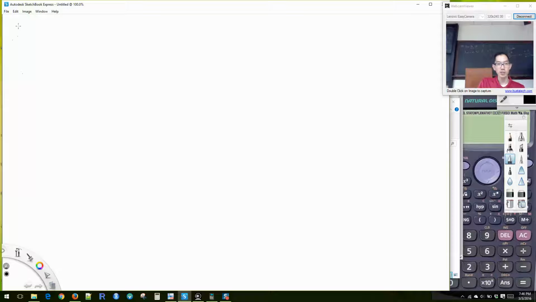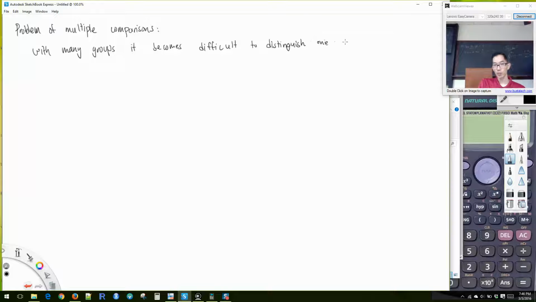Okay, so the problem of multiple comparisons: with many groups, it becomes difficult to distinguish one group from another, or I'll say, one group mean from another group mean.